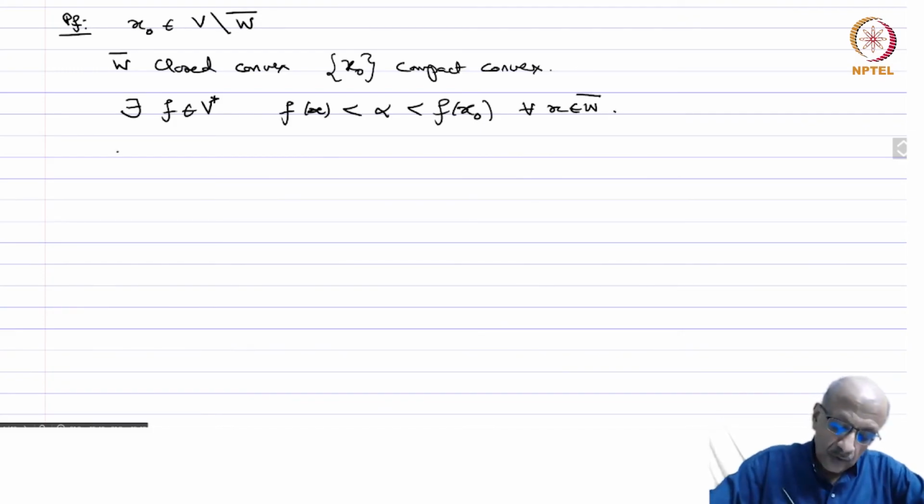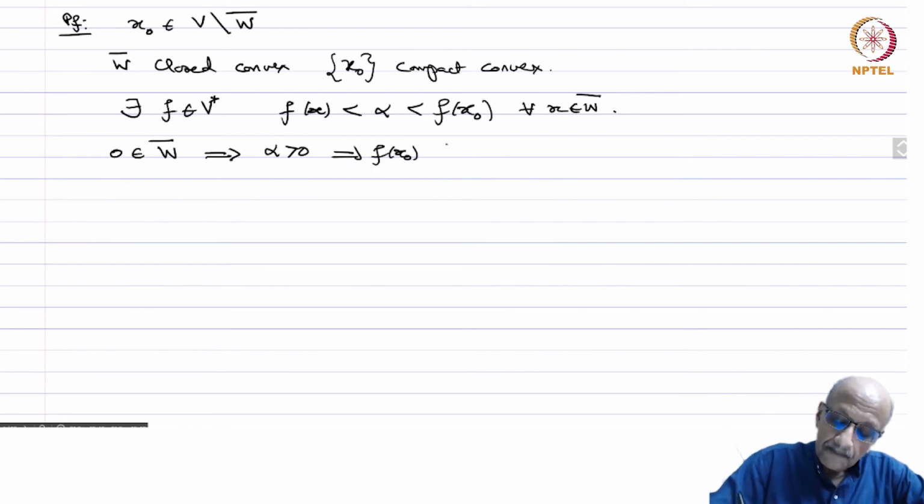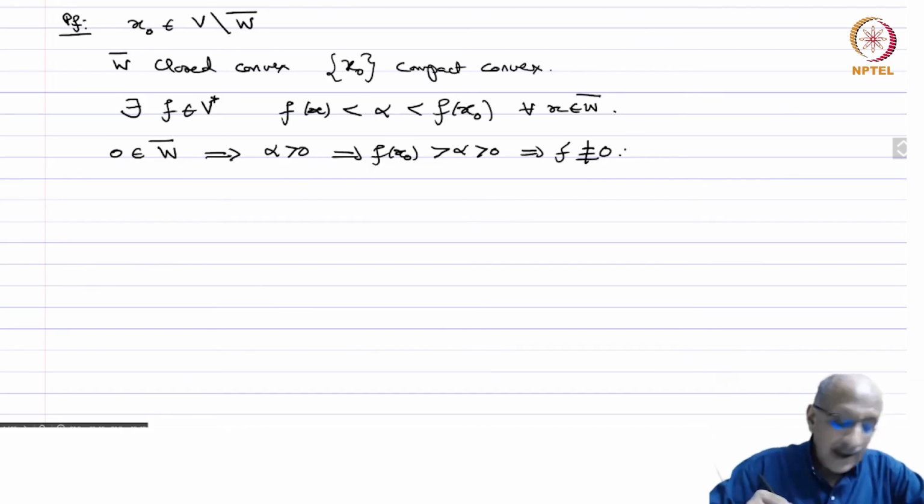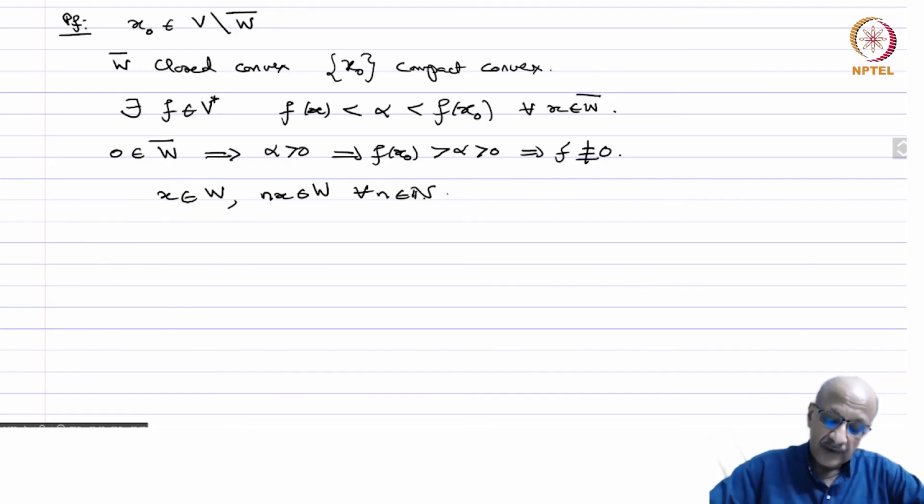Okay, so 0 belongs to W bar. If you put 0 here, this means that alpha is strictly positive. This means f of x naught is bigger than alpha, which is bigger than 0. So this implies that f is not identically 0. On the other hand, if x belongs to W, then nx belongs to W for all natural numbers n.